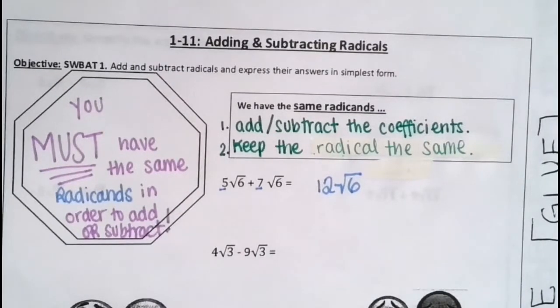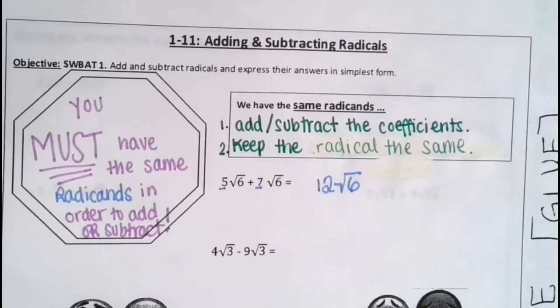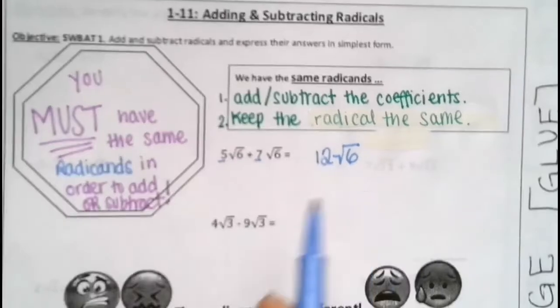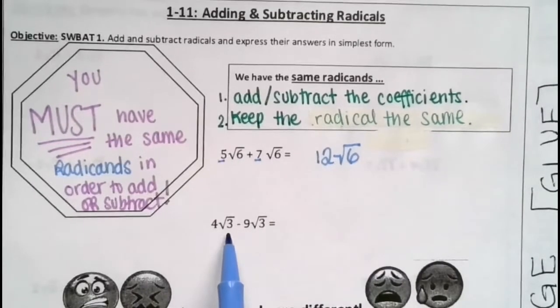Taking a look at the second example, I have 4 root 3 minus 9 root 3. The first thing I'm checking is to see if my radicals are the same, and in this case they are. Both radicals have root 3. And so now I can subtract my coefficients, which are 4 and negative 9.